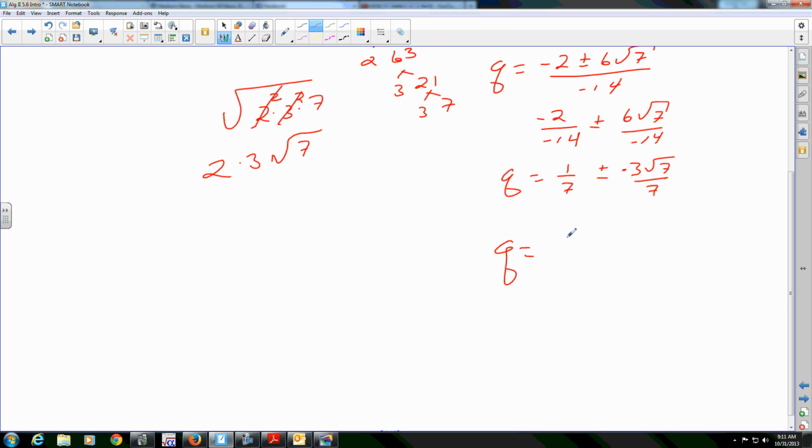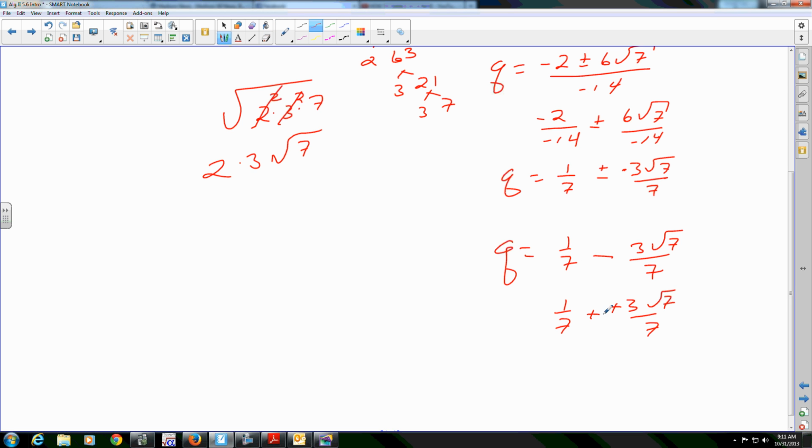Q is equal to 1/7 plus a -3 square roots of 7 over 7, and it's also 1/7 minus a -3 square root of 7 over 7. This one turns plus, and plus a negative is really just minus.